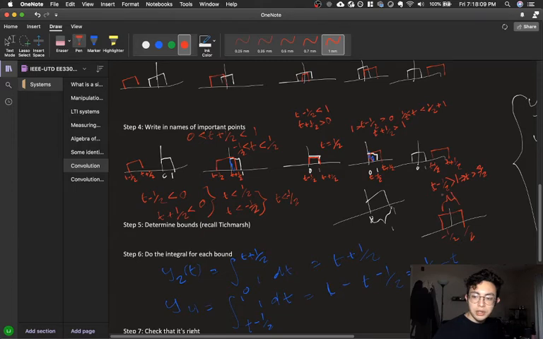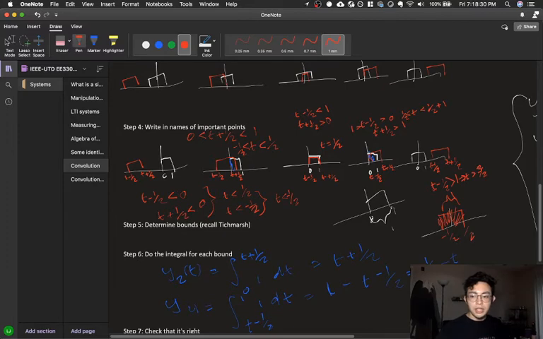So we know that the convolution of these two signals at their peak value will just be all of the area enclosed in both of these. And since they're the same size, it's not going to vary at all.